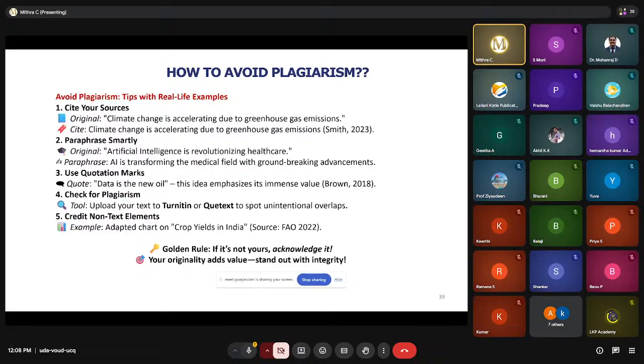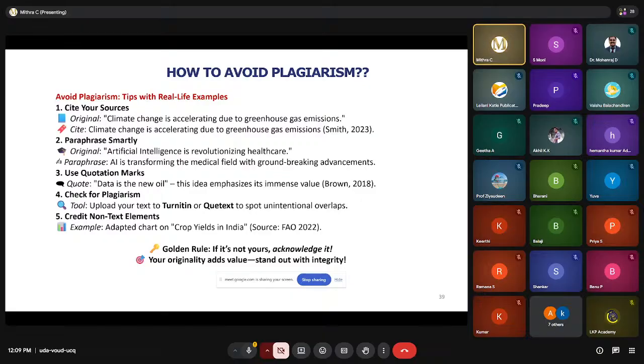But how we can reduce the plagiarism from a researcher's point of view is, as of now, there is a tool called stealth.ai, which helps you reduce the plagiarism content. I can't guarantee that it will solely help you reduce it, but it is performing well as of now. As of April 2026, it is giving nice results. It is able to crack the plagiarism, but I'm not telling you it is the only option.